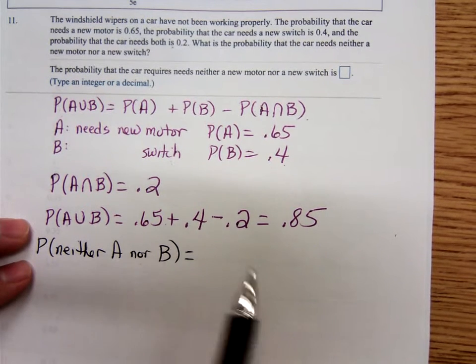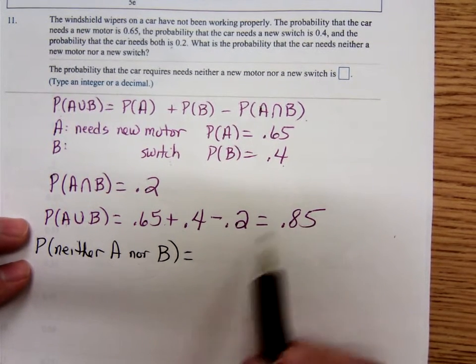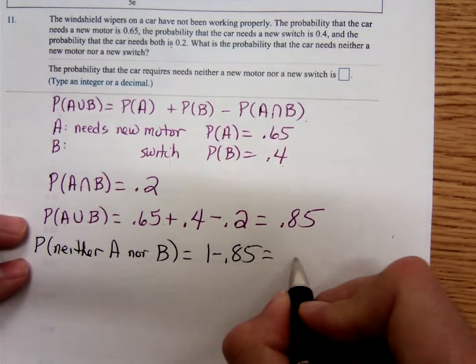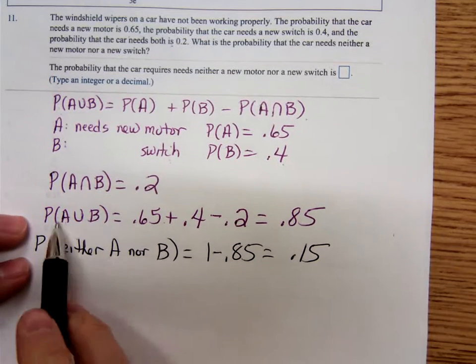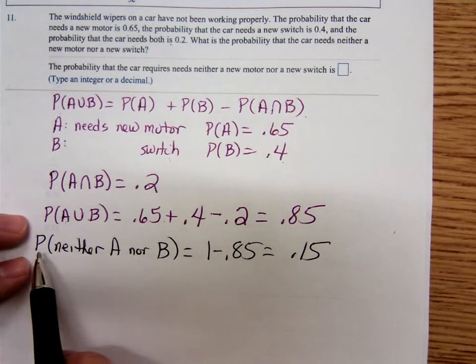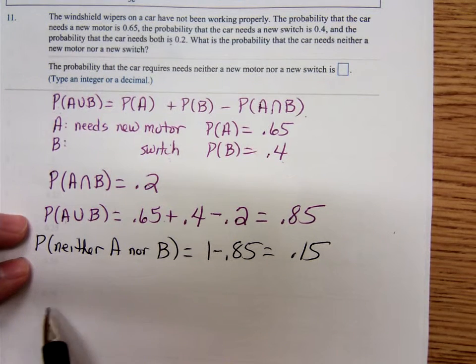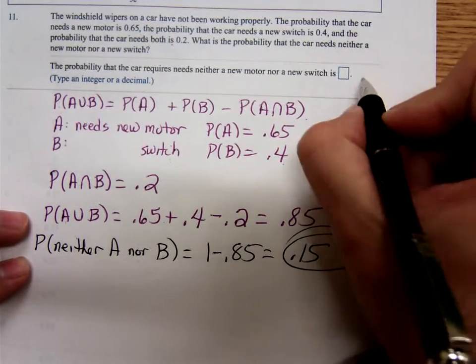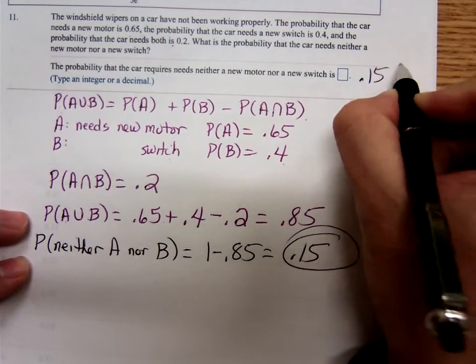These two have to add together to give a 1. So if the probability that it needs A or B is 85%, the probability it needs neither a new switch nor a new motor is 15%, 0.15. Okay?